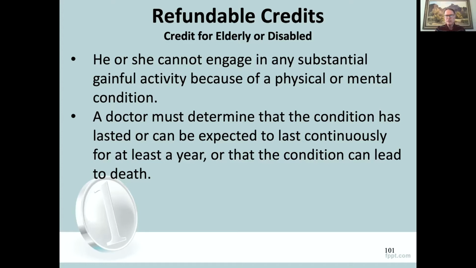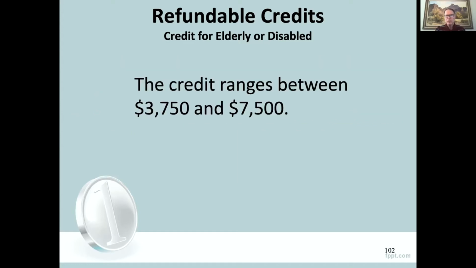But at this point, that's really one of the minor things in life, because what you're looking at is a degenerative disease and death. So this credit ranges from $3,700 to $7,500. We don't calculate it. I could not possibly do this job if it was 30 years ago, because some of the guys that I've talked to, they were VITA volunteers, and they had to prepare the tax returns with carbon paper in between the two forms, so they can make a copy for the client and a copy to mail in.